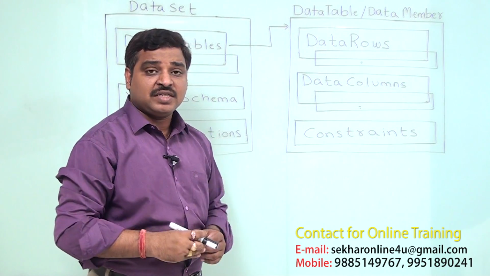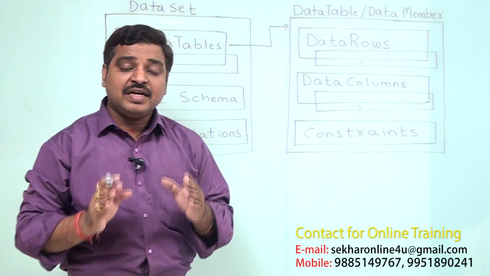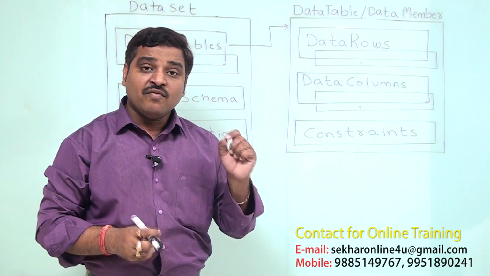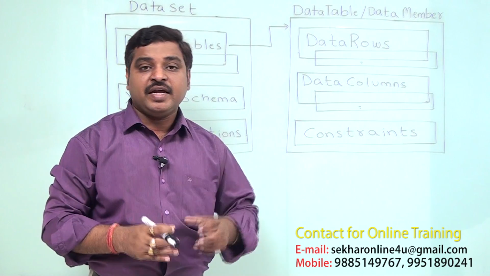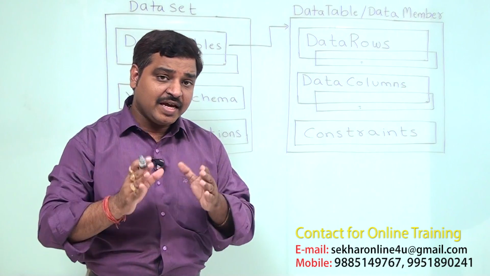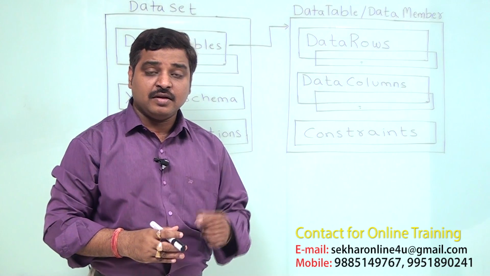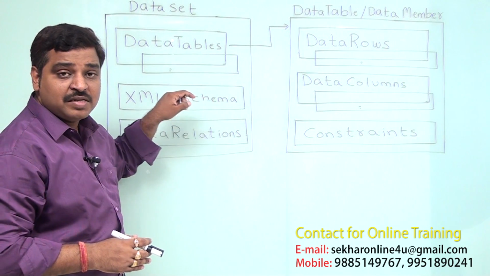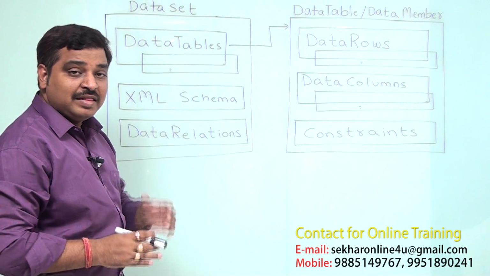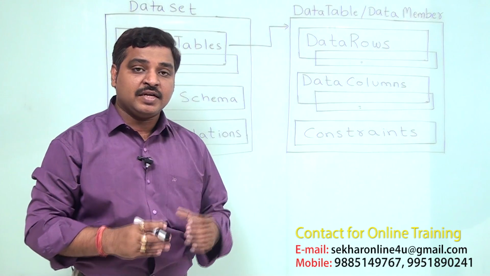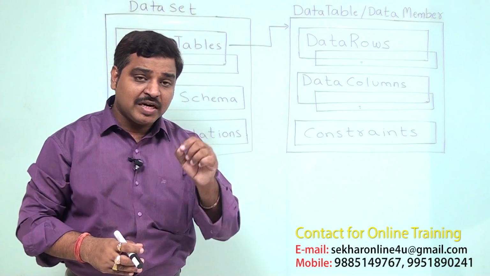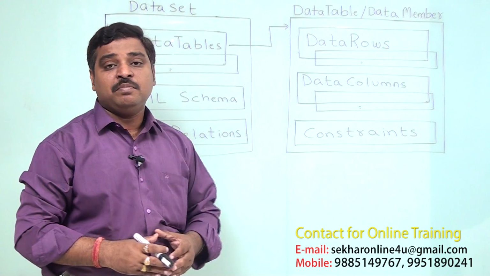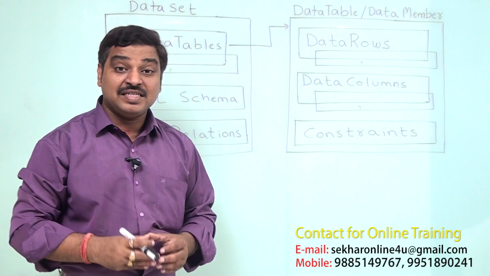When we try to understand the data set, we can categorize the data set into two categories. First one, we call it a typed data set. If the data set is defined based on XML schema definition, then we call it a typed data set. When we use a typed data set, the data tables will be available at the design time.